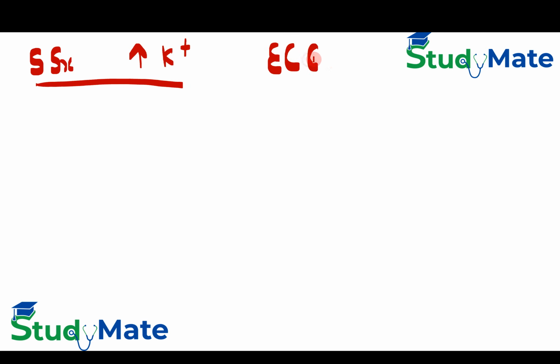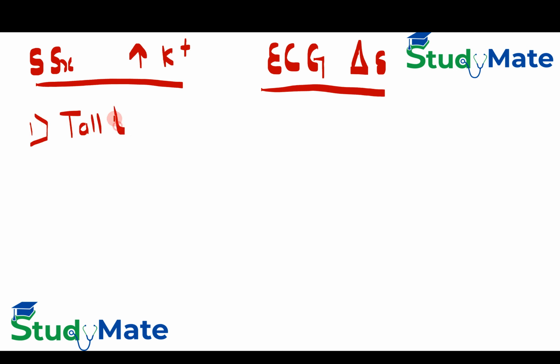Now, what are the signs and symptoms of hyperkalemia? You should know that in hyperkalemia, ECG changes are the main tipping point that will guide the diagnosis. In ECG, the first sign that you will notice will be tall, tented, or peaked T waves.